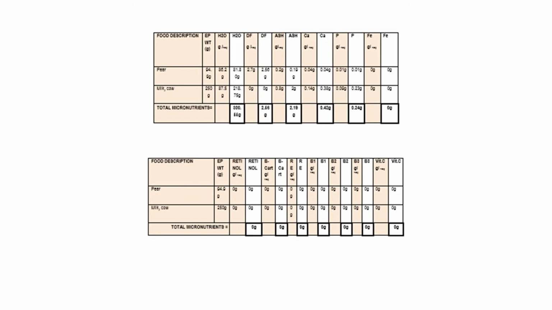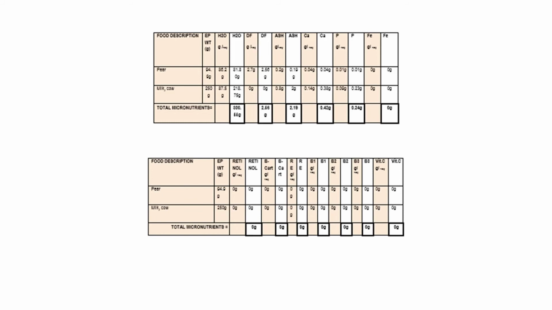For calcium per grams of pear is 0.04 grams, while for cow's milk is 0.14 grams. The edible portion of calcium in pears is 0.04 grams, while for cow's milk is 0.38 grams, totaling 0.42 grams.